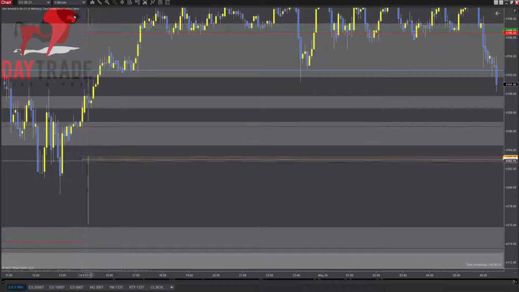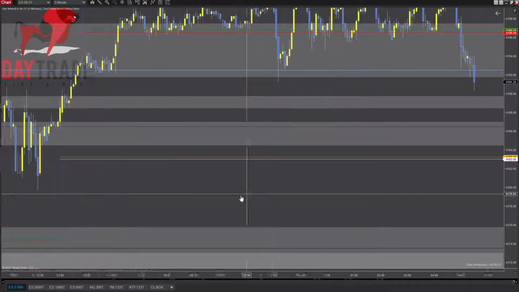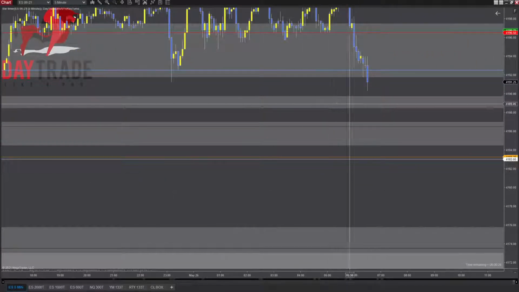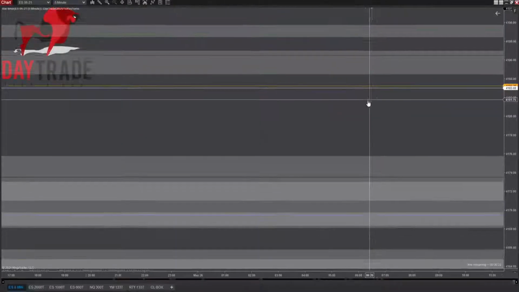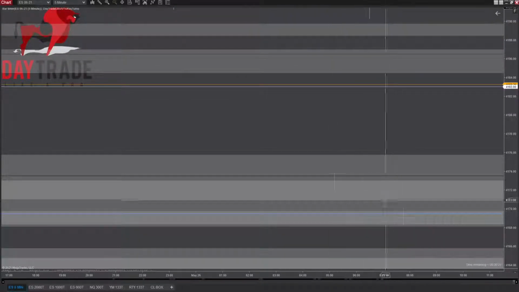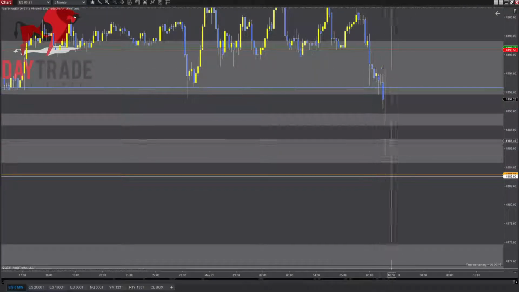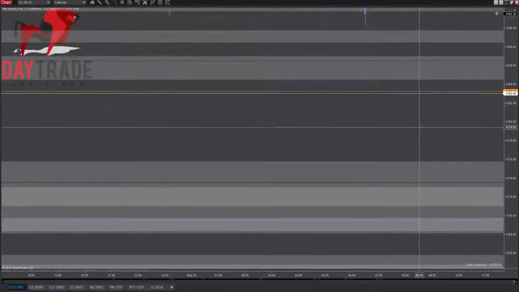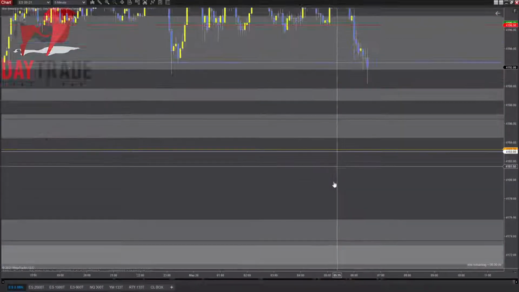And that's kind of like the last thing that's kind of holding things up here. So if they take that out, very likely they're going to come back down into at least this area, and there's some room for that. So if they take it out, it'd be nice to see it come down, take it out, come back up, give us a nice opportunity to sell it for down lower into here.